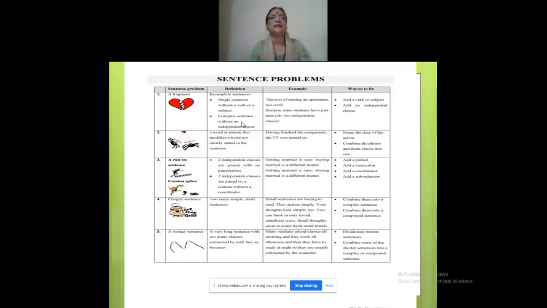So let's see. A single sentence without a verb or a subject, or sometimes it may be a complete sentence, but it may be a dependent clause. It may be without an independent clause, so it's a dependent clause. A dependent clause can never be complete on its own. So what should we do?